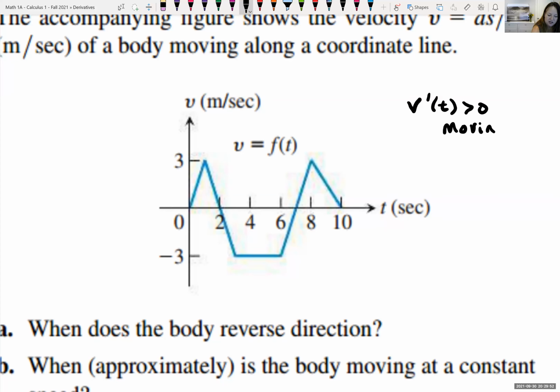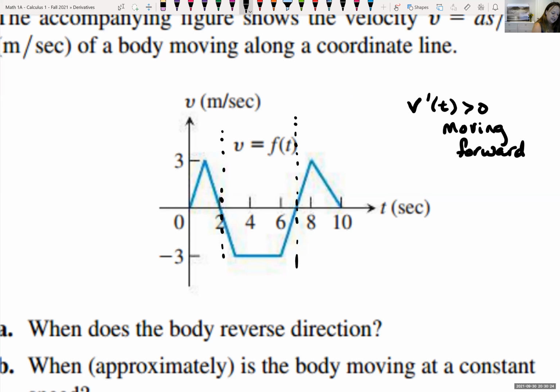So I can tell that the object is moving forward from the interval from 0 to 2. And it also looks like it's above the x-axis at 7. And so it's above the x-axis from 7 seconds to 10 seconds.